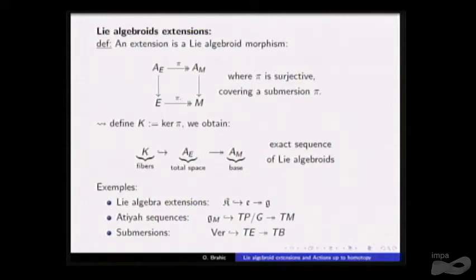And what is the kernel in that case? It's what is usually called the vertical bundle, which consists of vectors that are tangent to the fibers of the submersion. Okay, so let me draw a picture.